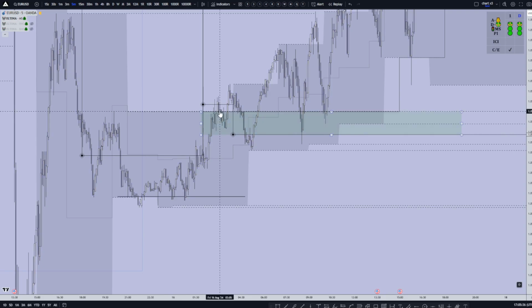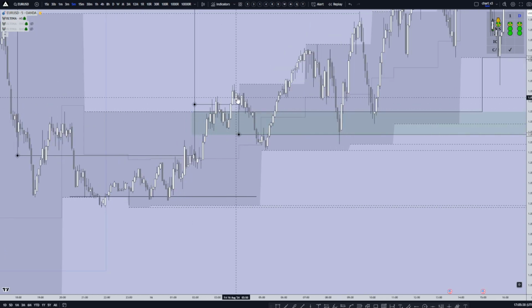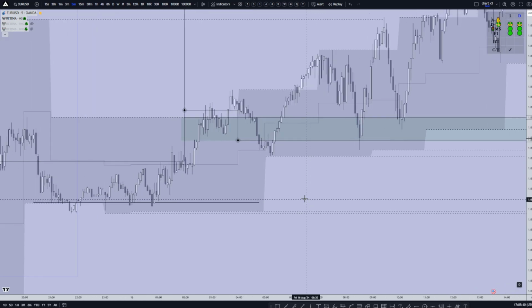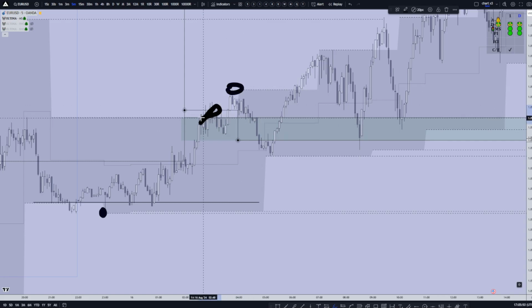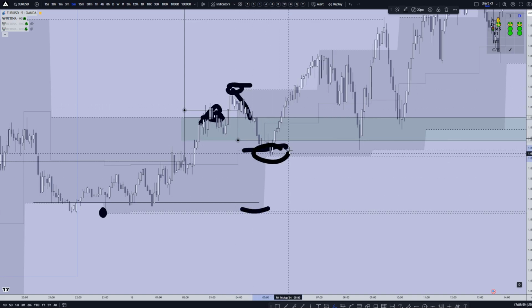We have a bullish break. What this does is it comes back to where the last structure point, next structure point is. We establish a bullish break on the hourly. We pull back 50% from this to this, bullish ICI.